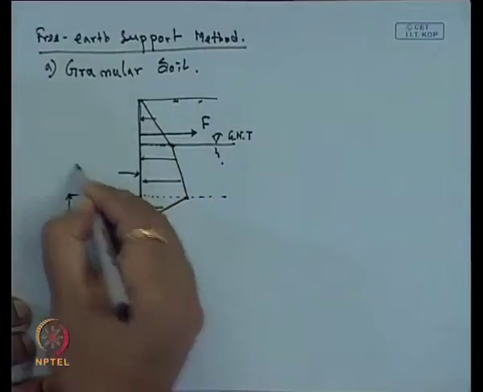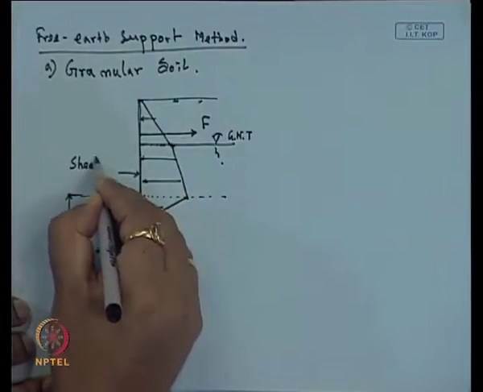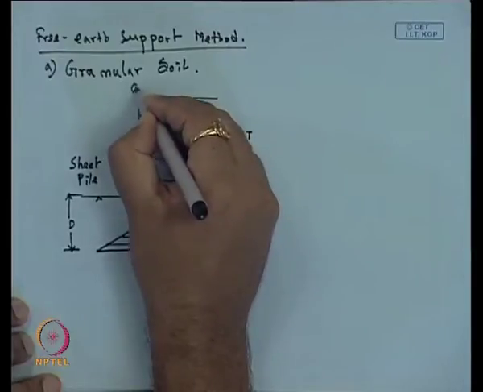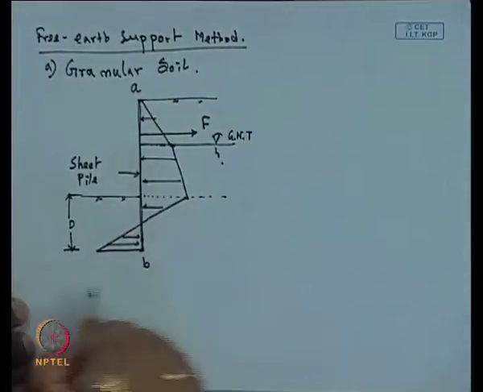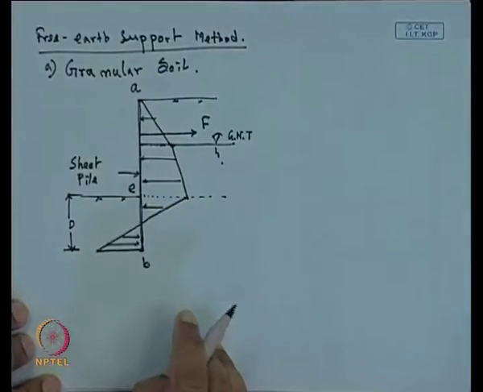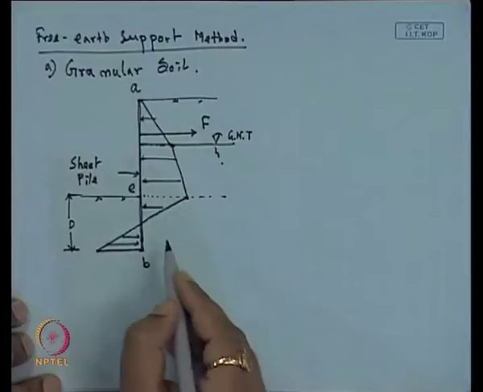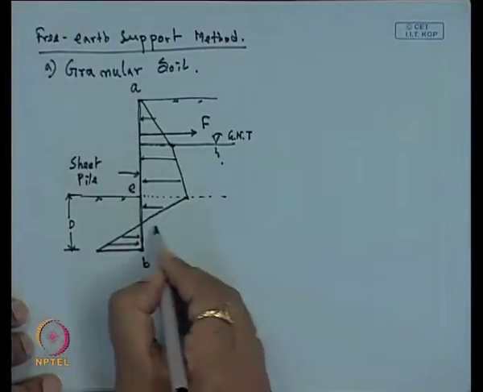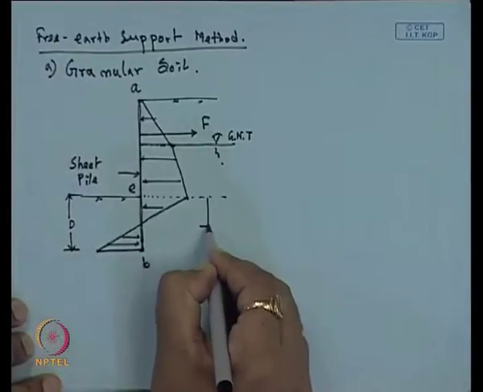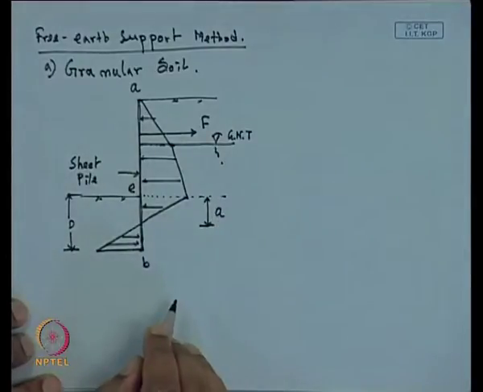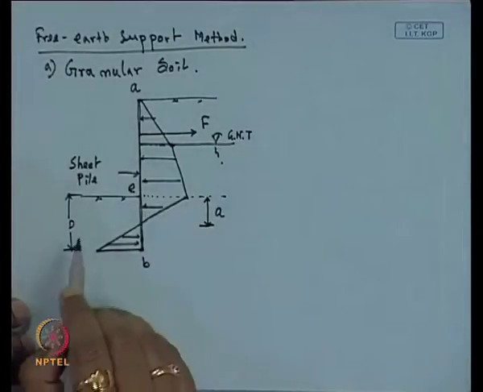So, this is the sheet pile. Now, these are the different positions. If this is A, the base is B, and this is the dredge level, which we can consider as E. So, first, these are the different components. Here, the distance where the earth pressure is 0 is at a distance of A from the dredge level.